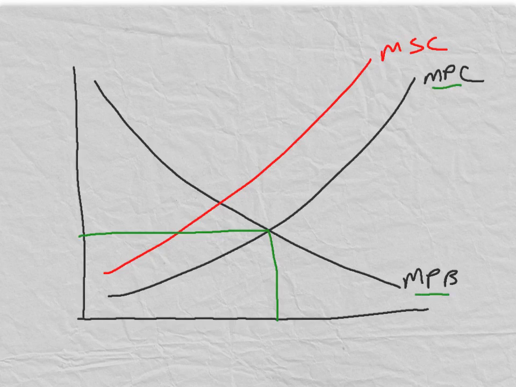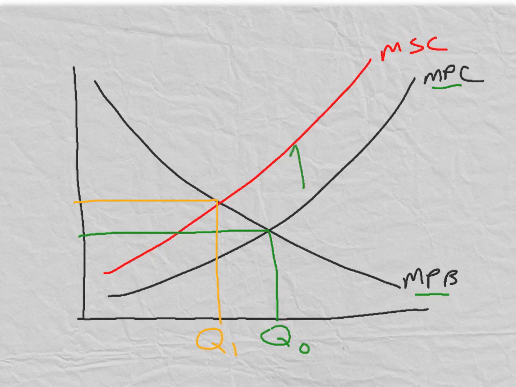But because there are social costs, and therefore negative externalities which the market does not recognize, the socially optimal equilibrium is here. So we should be producing at Q1 rather than at Q0, which is where the market chooses to produce. This is the market failure, when there is a negative externality.